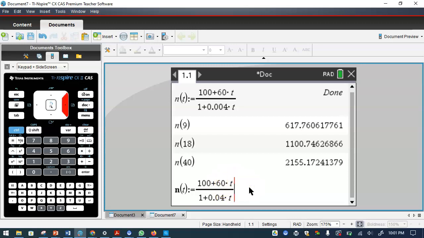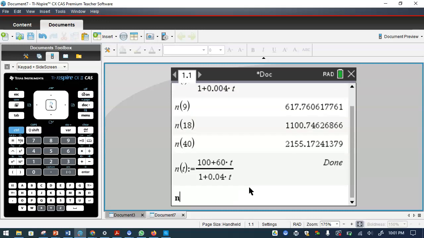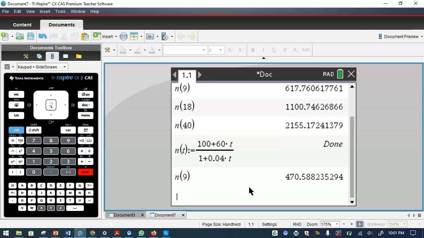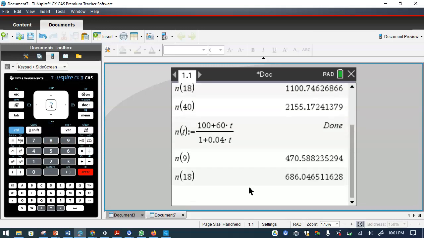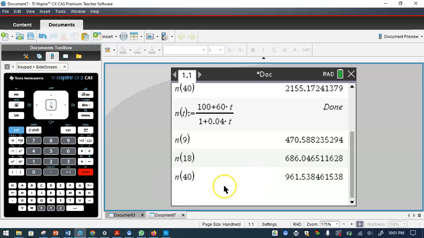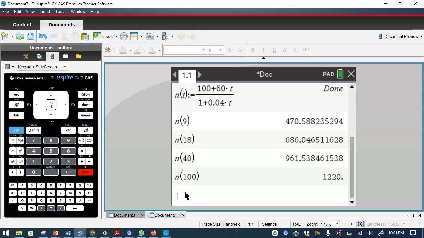Sorry about that. So now N of 9 is like 470, N of 18 is 686, and N of 40 is 961. If I put N of 100, just to see the answer, it gives 1,200. See, it never goes beyond 1,500.